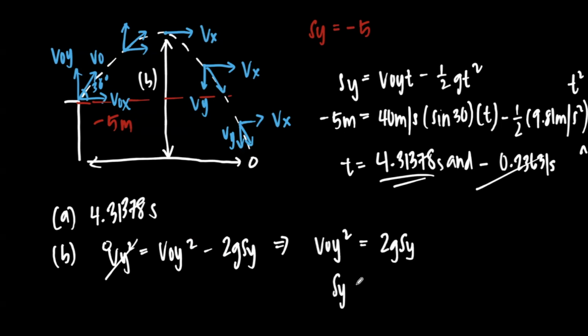So Sy is equal to Voy squared, which is Vo sine theta squared, over 2g.